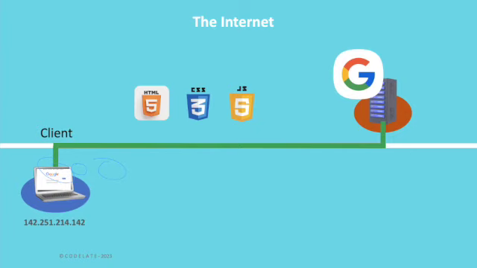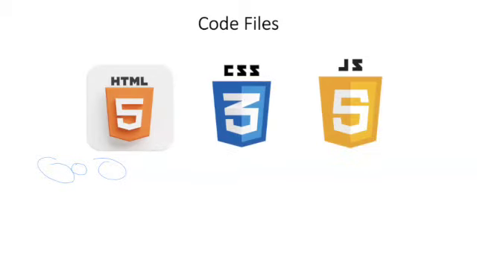So these three files are what is being returned from the web server to your client. And those three things come together to form the website that you see. Now, let's say you have these three things. How do they actually work together? What do they do?